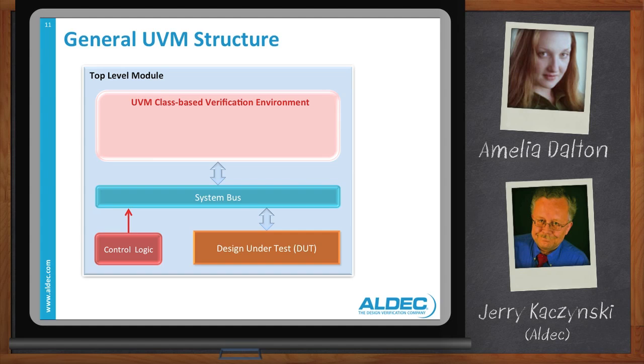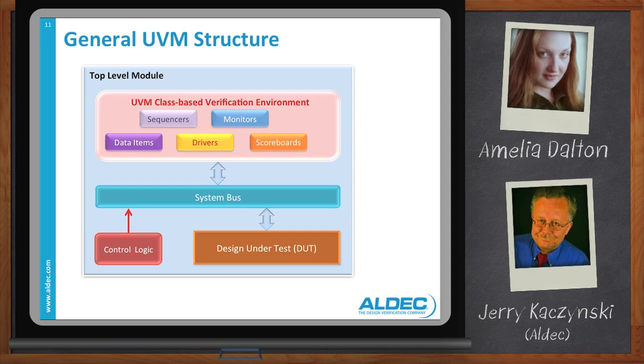Of course, the first step is to create some data items that will be exchanged between all those blocks. Then we will need sequencers that will be responsible for handling data items. Then we need drivers that will be responsible for sending them to our design under test. We will probably need some monitors that will be observing responses generated by our design under test.